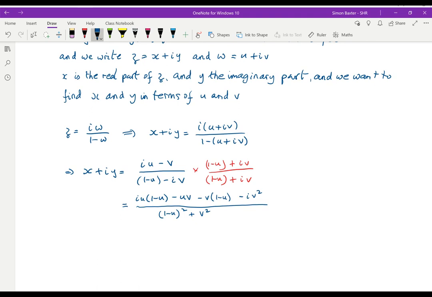So what we're looking for now is the image of y equals 2x. In other words, we want the imaginary part to be equal to 2 times the real part.